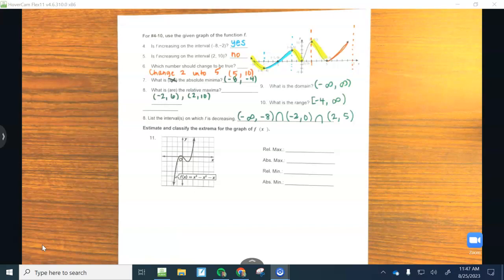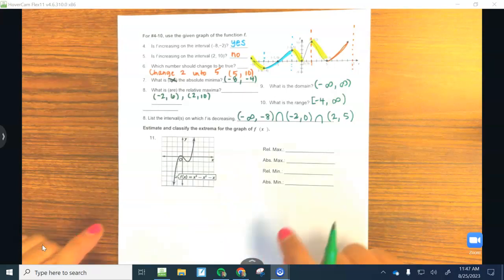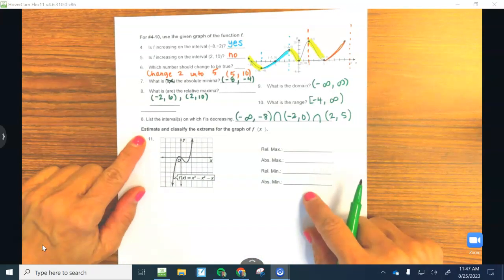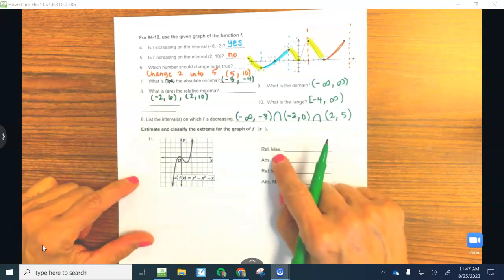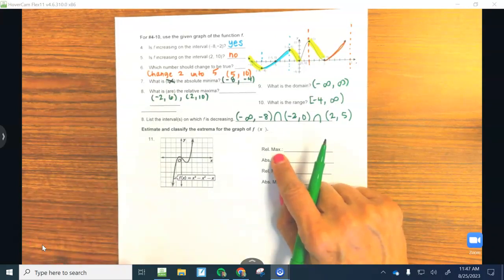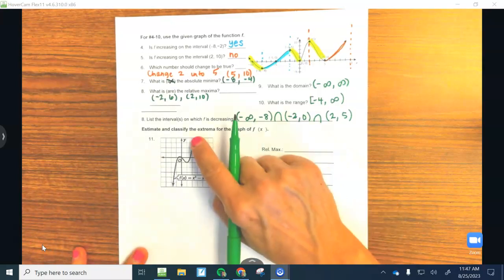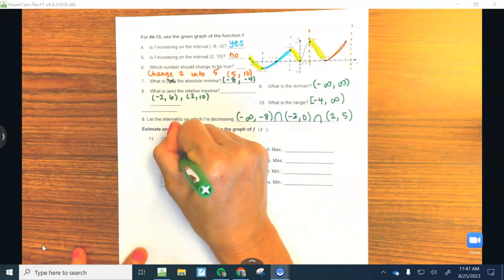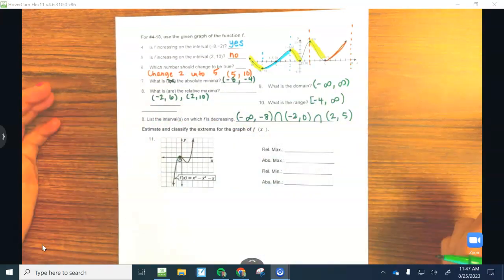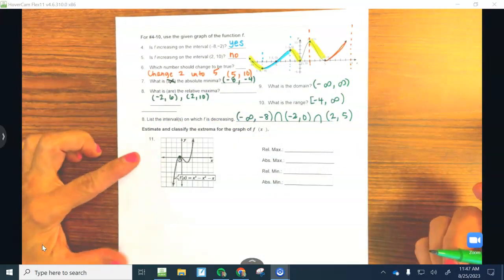All right, let's knock out number 11 real quick. Number 11 is asking us to estimate and classify the extrema for the graph f of x. Relative max. Do I have a relative max here? I do. I don't have an absolute max because it goes up forever, but this is certainly a relative max, and I have no idea what the scale is on this grid.